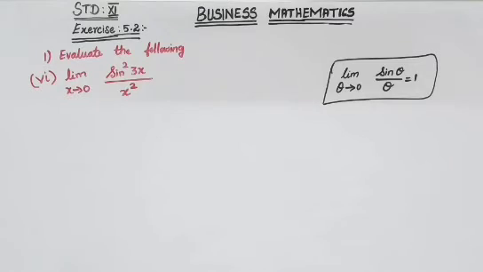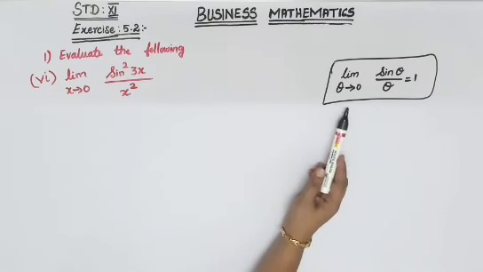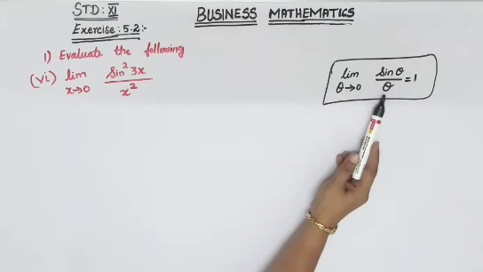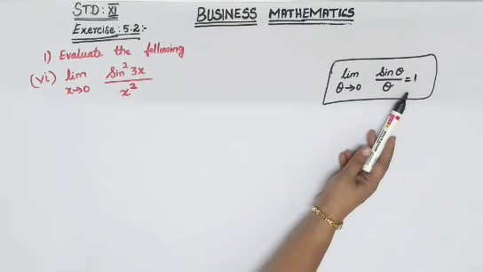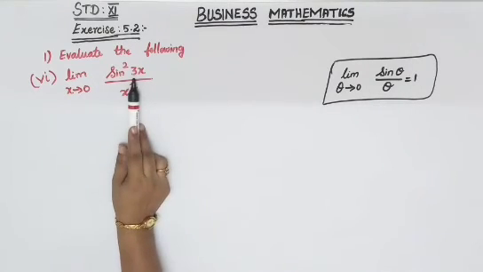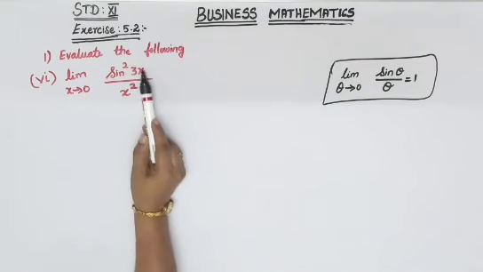First question, sixth subdivision, limit x tends to 0, sin square 3x divided by x square. Okay, so you have this formula, we'll have to use this formula, that is limit theta tends to 0, sin theta divided by theta means we can replace that by 1. Okay, so you'll have to bring this format here. So just see, in the place of theta we have got 3x.